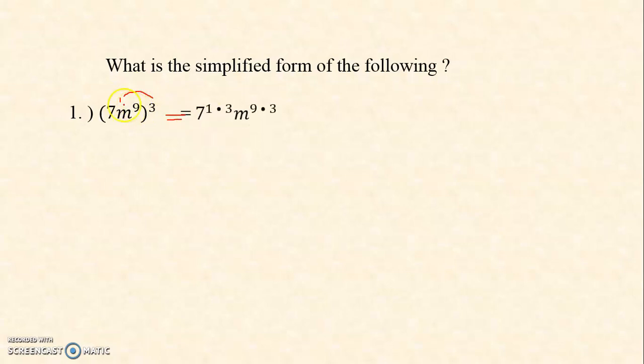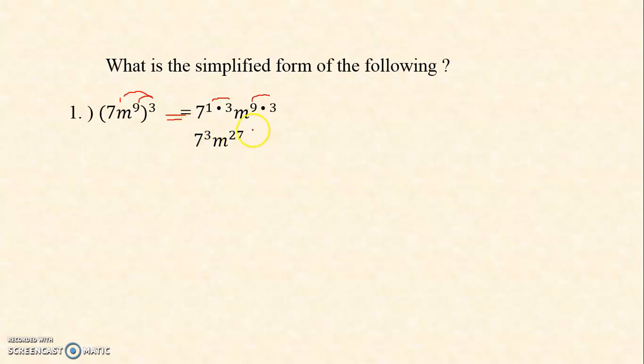So you have 7, the exponent is 1 times 3, and the exponent of m is 9 times 3. Now we have 7 raised to 1 times 3 is 3, m raised to 9 times 3 is 27. So we have 7 cubed m raised to 27.